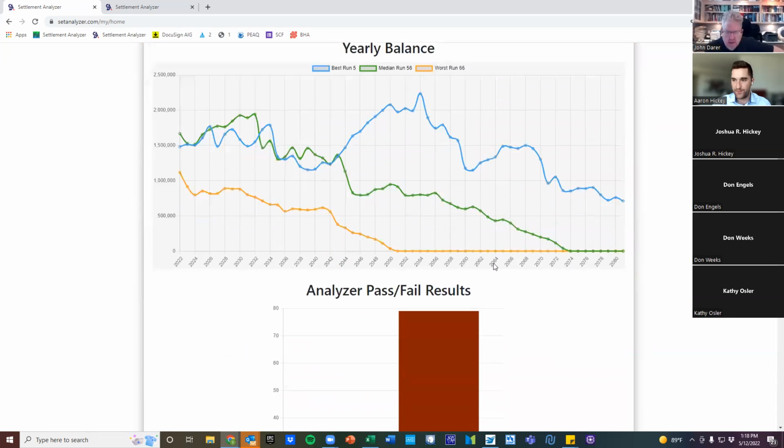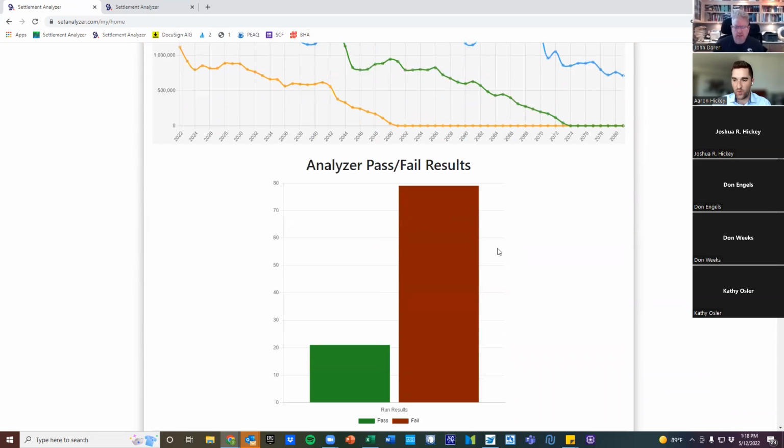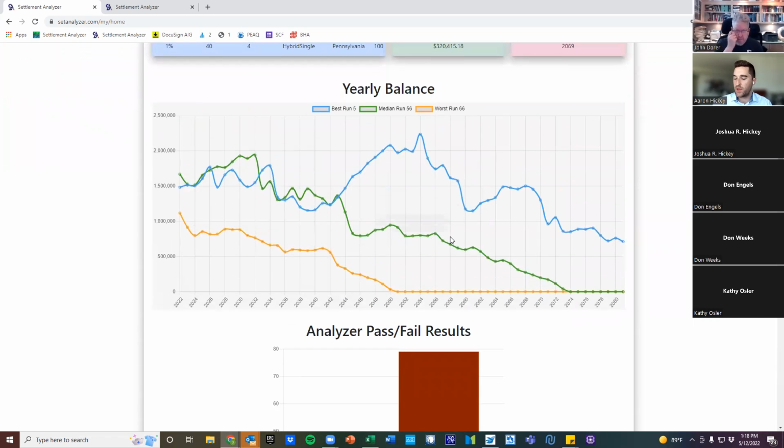Scrolling down just below, you'll see two more things. One, a bar graph, again, just more visual representation for the claimants and the plaintiff attorneys to see. But this right here is the most important, impactful piece, the graphing. So the yellow graph is the worst case scenario. This is likely where they had negative returns right off of the bat of the account, and it wasn't able to recover.